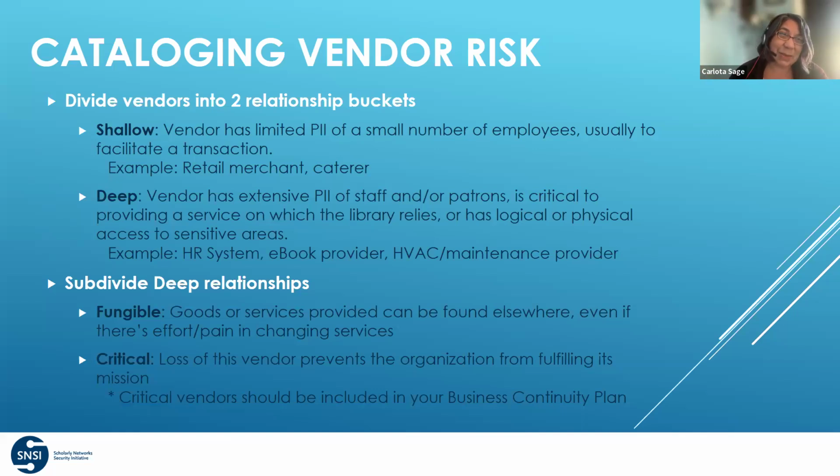Ideally, your security team is involved. But for a smaller organization, you may not have a security team, or your security team may be so reactive to issues that they don't have time to get proactive. And so vendor management tends to drop to the bottom of the list. It's unfortunate, but true. This is something you can do to take up some of that slack and establish that relationship.